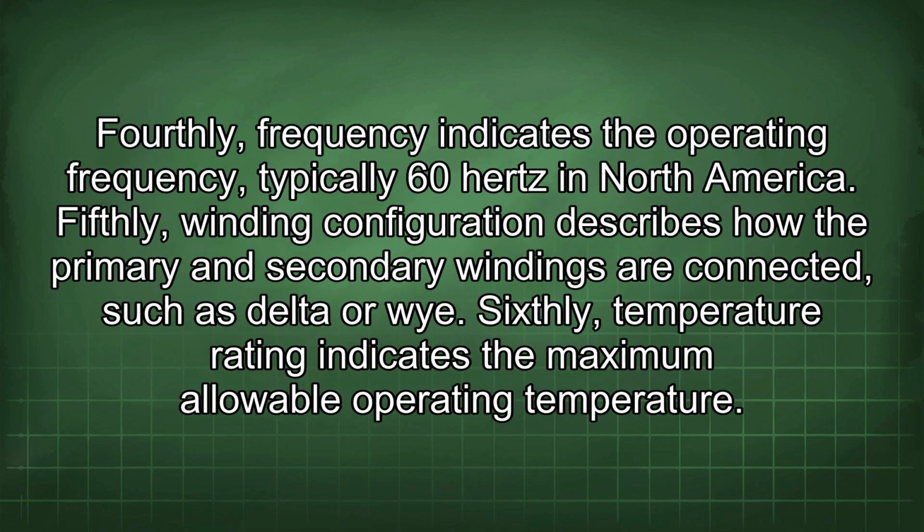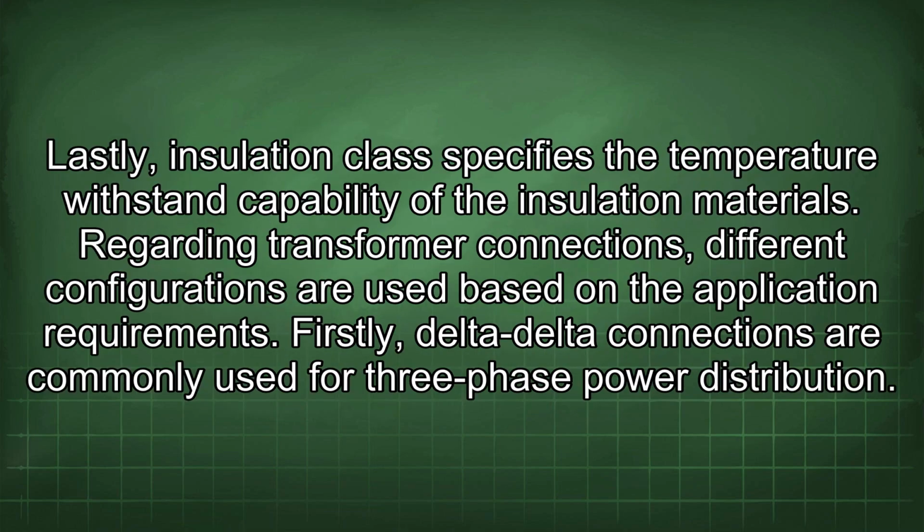Fourthly, frequency indicates the operating frequency, typically 60 Hz in North America. Fifthly, winding configuration describes how the primary and secondary windings are connected, such as delta or Y. Sixthly, temperature rating indicates the maximum allowable operating temperature. Lastly, insulation class specifies the temperature withstand capability of the insulation materials.